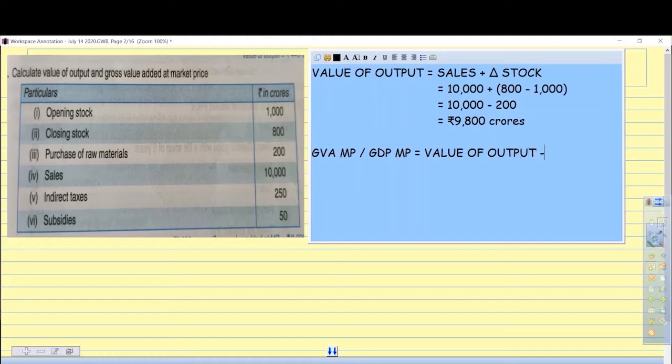Value of output is 9,800 crores. 9,800 minus intermediate consumption. The purchase of raw material is 200. The answer is rupees 9,600 crores. This is the answer. We will see the next question.